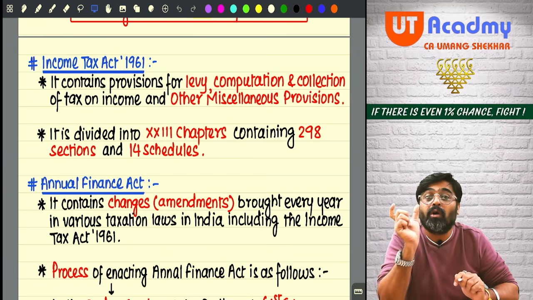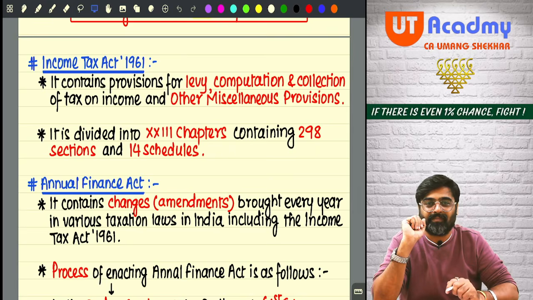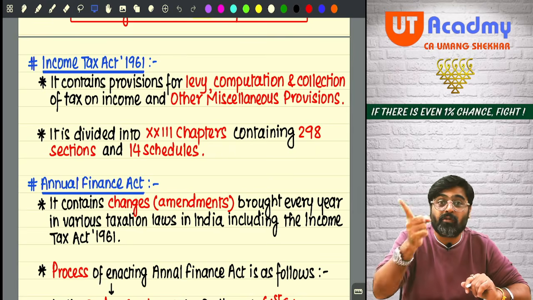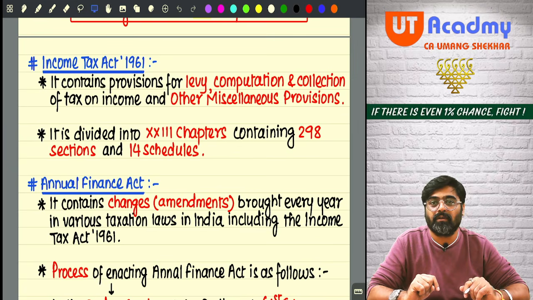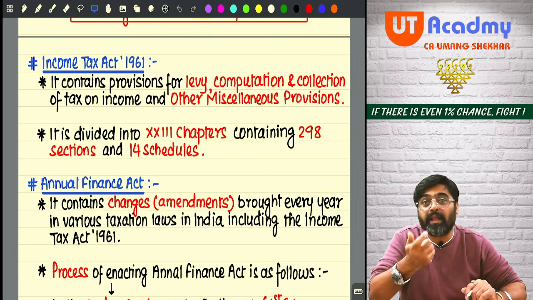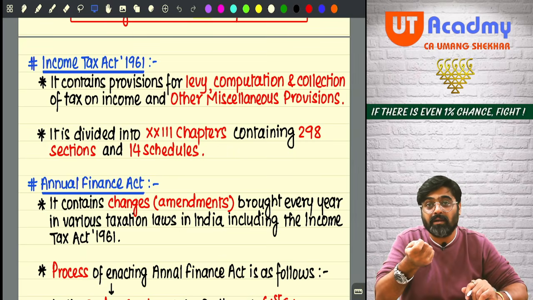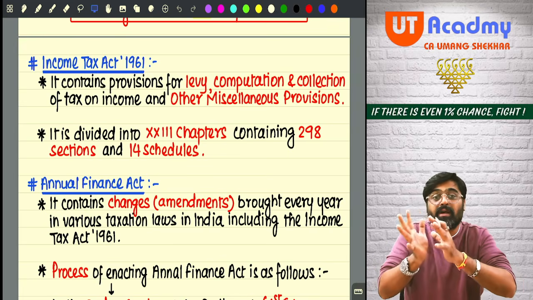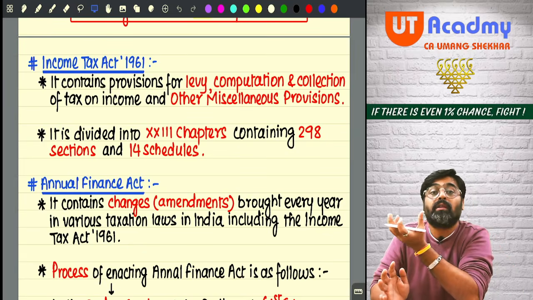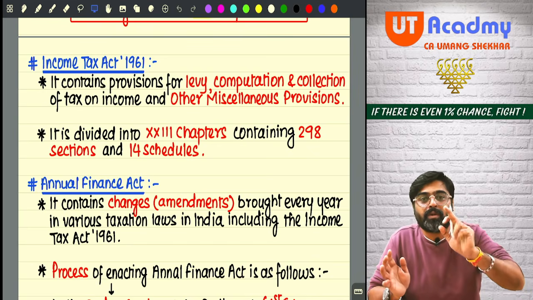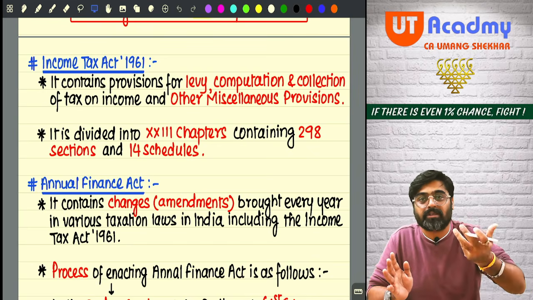So this law will speak about three things, majorly three things. Number one, levy of income tax: when the income tax will be levied, on what value, and on whom. After the levy, the value on which the levy is there, how to compute that value, computation.